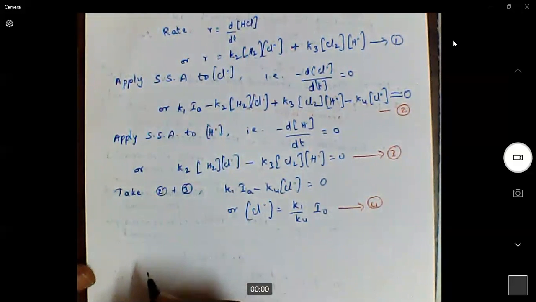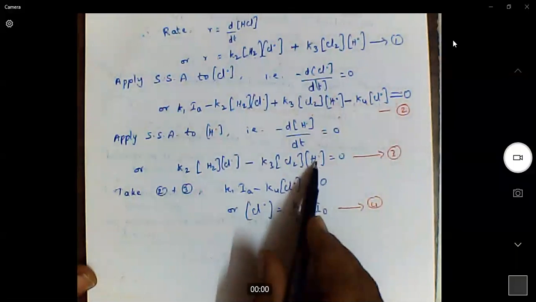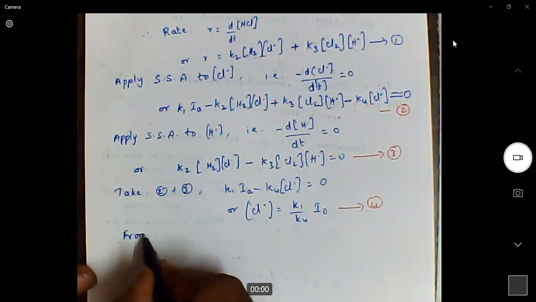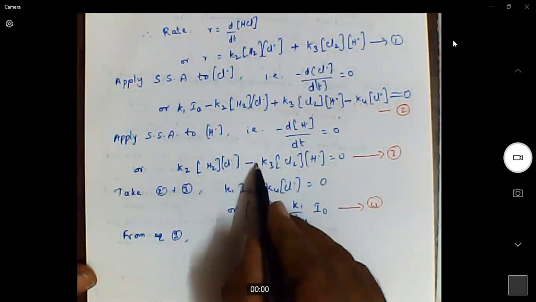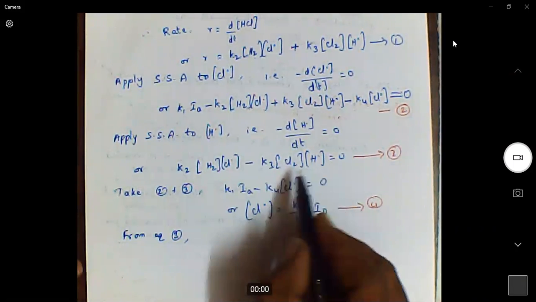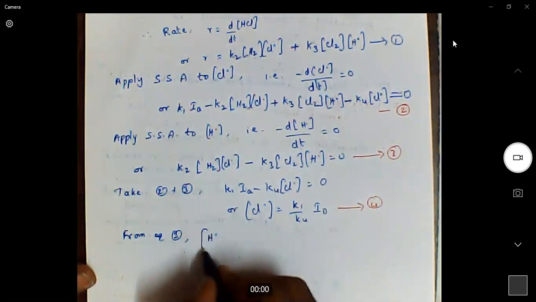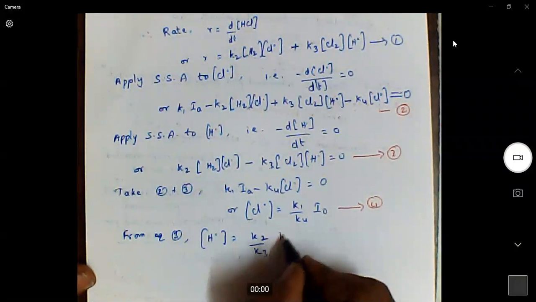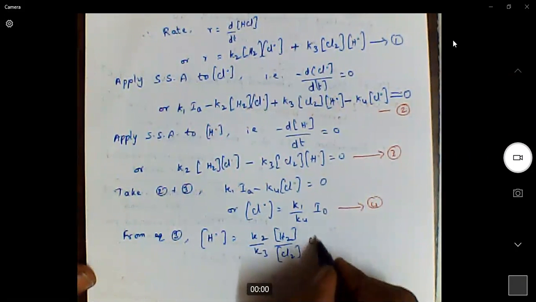We can substitute the Cl radical concentration in rate equation 1. Now we will figure out the H radical concentration. We can solve it from equation 3. Make this side positive and take everything to one side, since we need only H radical. When we solve it, H radical is equal to K2 by K3 into H2 by Cl2 into Cl radical.